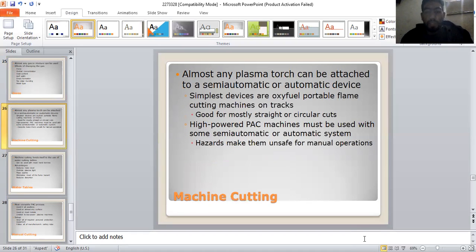So, machine cutting. Almost any plasma torch can be attached to a semi-automatic or automatic device. The simplest devices are just like oxy-fuel portable flame cutting machines on a track, good for most straight or circular cuts.